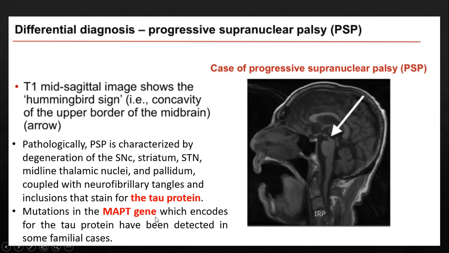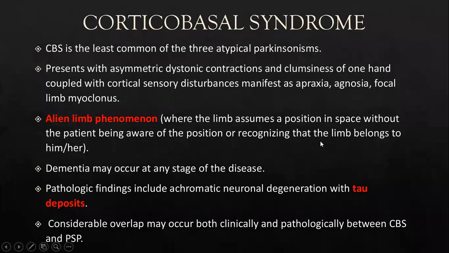Mutations in the MAPT gene, which encodes for the tau protein, have been detected in some familial cases. On the MRI picture, we are going to see a hummingbird sign. This is because of the concavity at the upper border of the midbrain, due to degeneration of the midbrain.